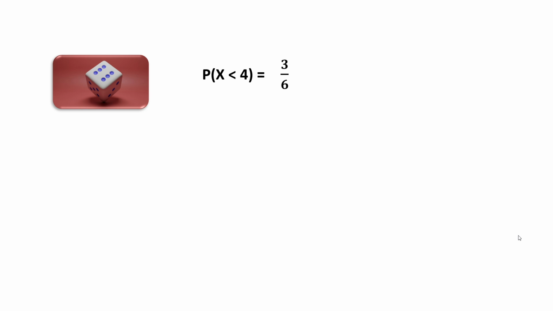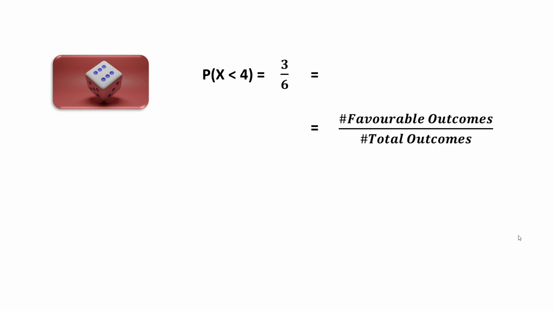We know that it's 3 by 6. And why? Because probability is nothing but the ratio of the number of favorable outcomes divided by all possible outcomes, or the sample space. So in this case, it would be all the outcomes 1 to 6, while the favorable outcomes would be 1 to 3, and hence 3 by 6.